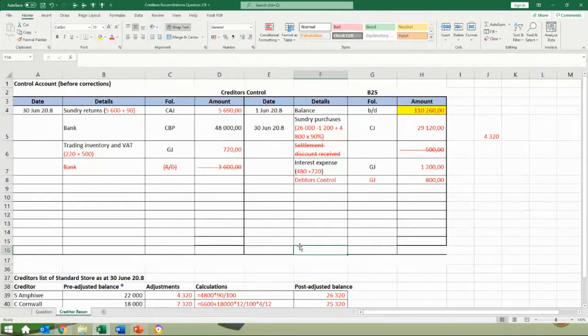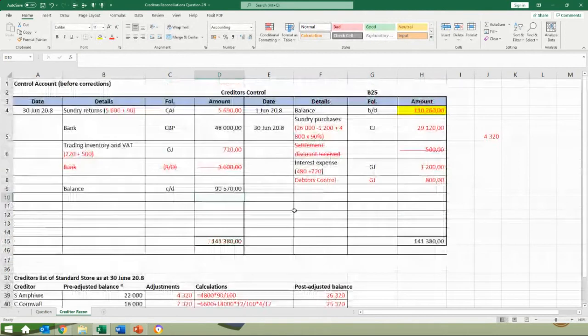Now, with a creditors balance, the creditors would generally be the biggest one. So how we're going to work it out is you will add the opening balance, the sundry purchases, the interest expense, the debtors control. Should give you a balance. And then this side should be the same. But what we know is that the balance carried down based on our creditors listing should be the following.